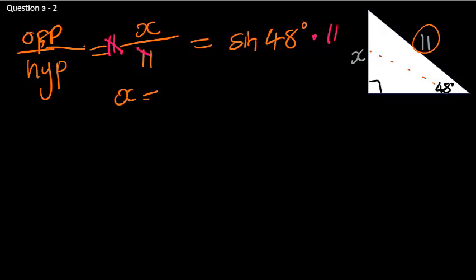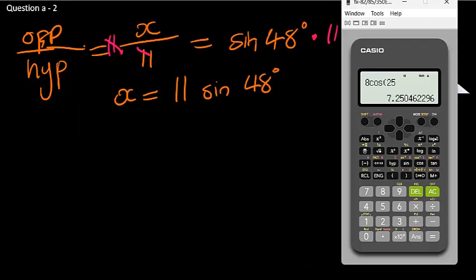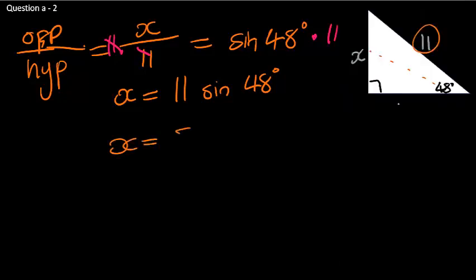X is equal to 11 sine of 48 degrees. Whip out my calculator. 11 sine 48 is equal to 8,17459. I want 2 decimal places, so it's 8,17. 4 says stays the same, 7 stays the same. X is equal to 8,17 units.